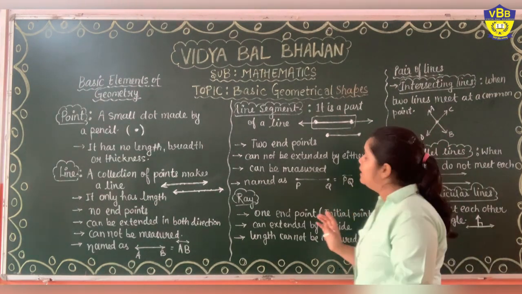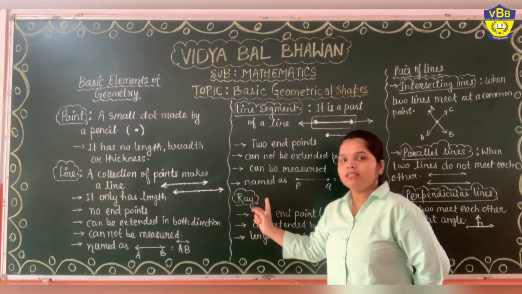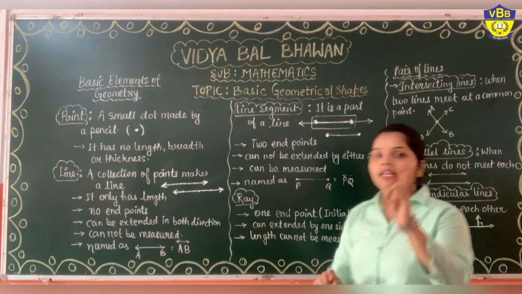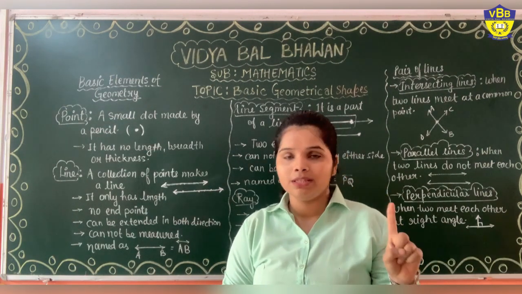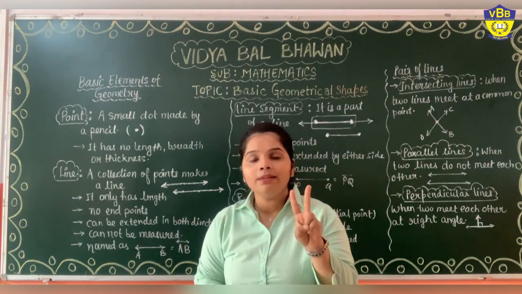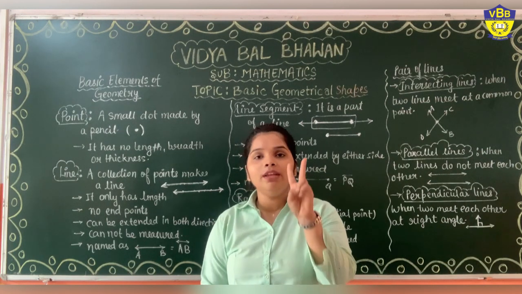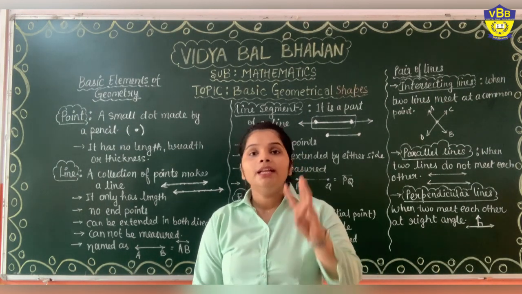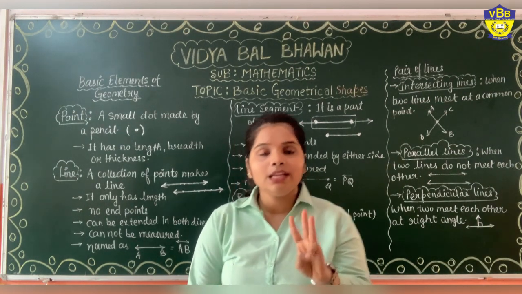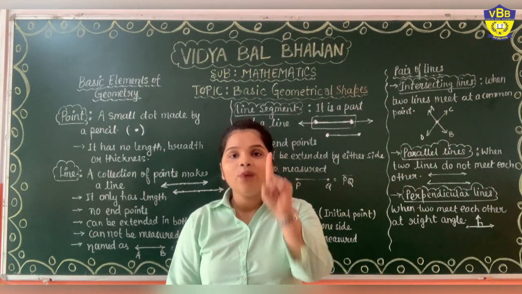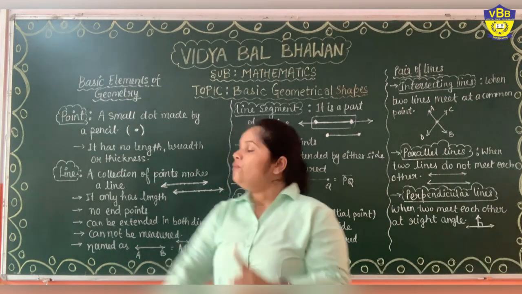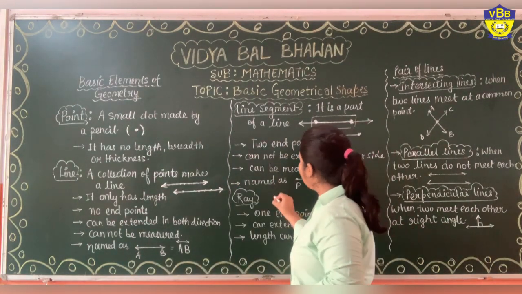After that, third one is ray. Look, line was having no endpoints. Line segment was having 2 endpoints. Ray, third one is ray, is having only 1 endpoint. That means, what is a ray?